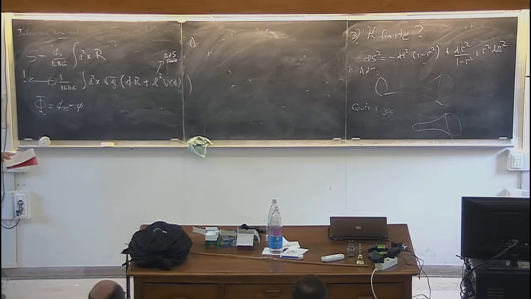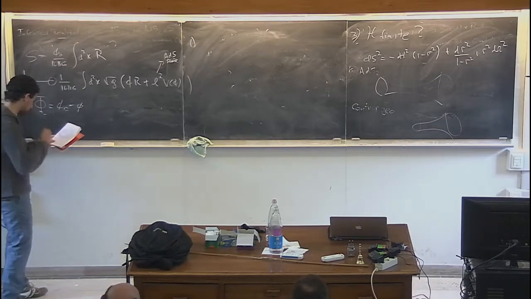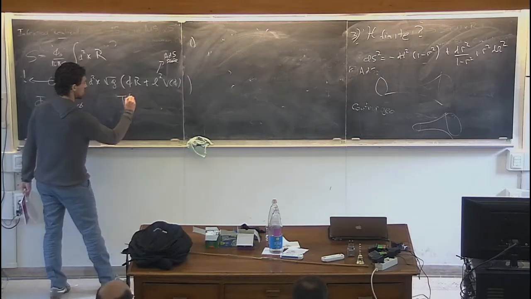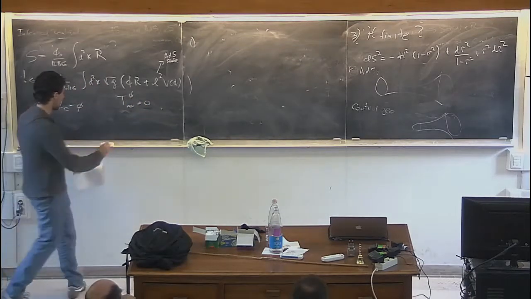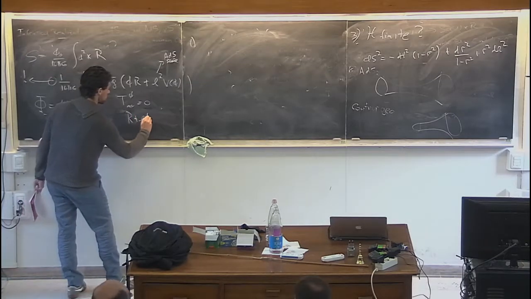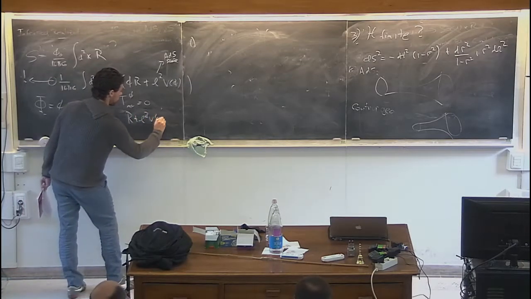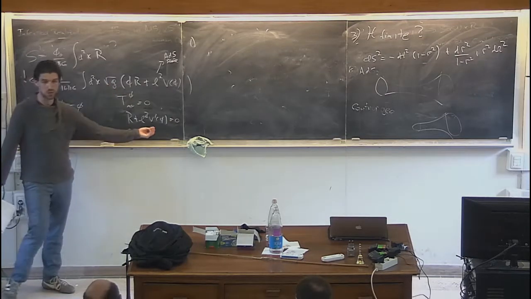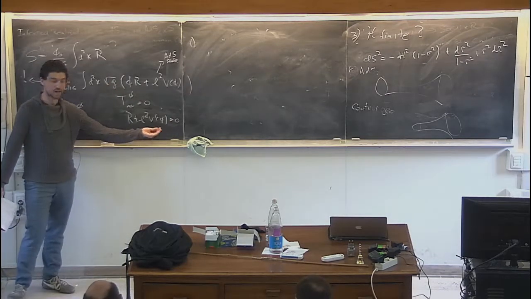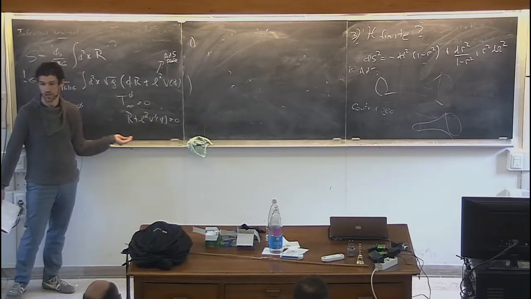So let me show you a bit that these solutions exist. The equations of motion come out like this. The energy momentum tensor of the dilaton has to be 0, and R plus L squared B prime phi equals 0. So they're very simple, and this shows you exactly what you need to do. You just need a potential that interpolates between a positive constant and a negative constant.